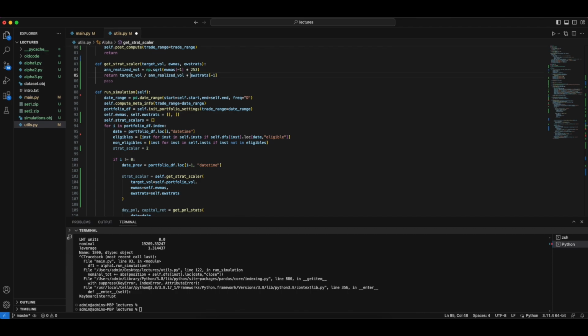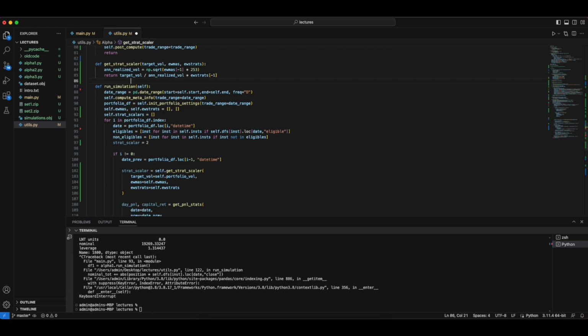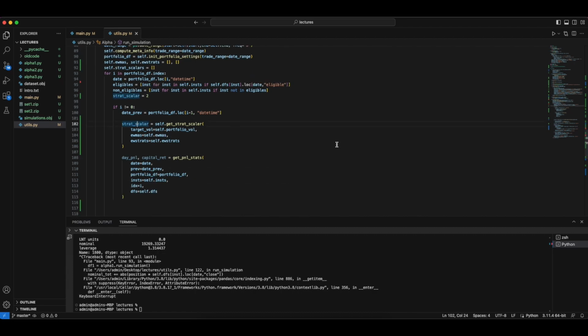So we're saying that based on the strategy scalar that we have already been implementing to arrive at this realized volatility, how much do we need to scale our strategy scalar going forward? So I hope that makes sense, right? Let me repeat that again. This is the current strategy scalar we are using to obtain this annualized realized volatility. So in order to adjust this value to hit our target volatility, we need to multiply by this scalar. So this is the strategy scalar.